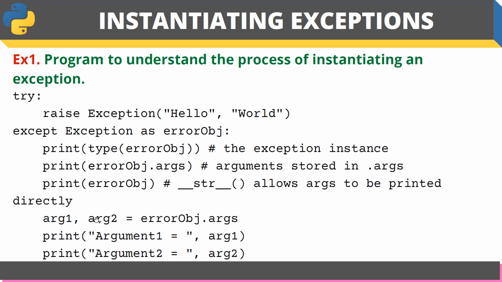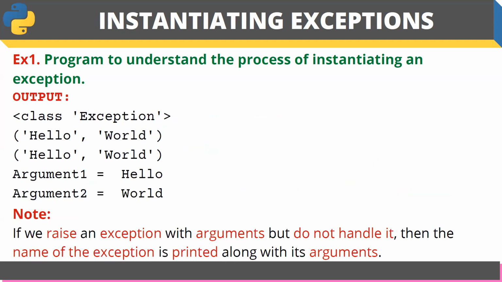Then arg1, arg2 equal to error_object.args, and print argument 1 equal to arg1 and print argument 2 equal to arg2.